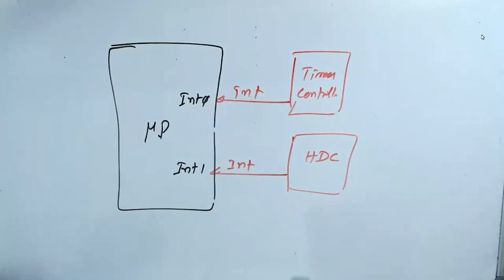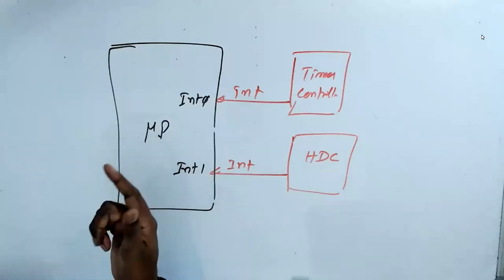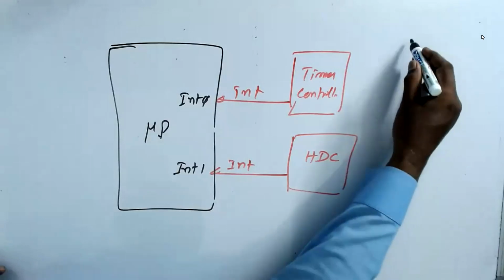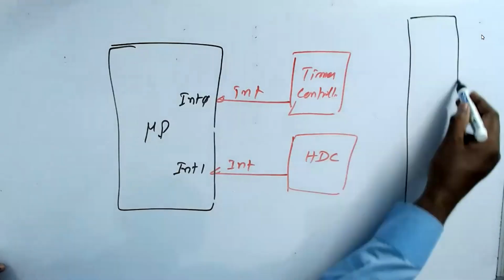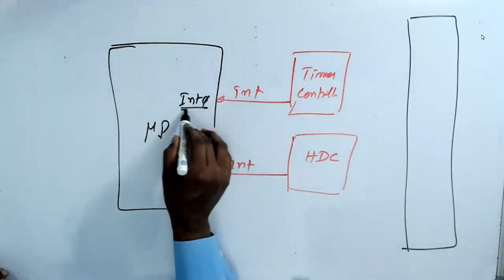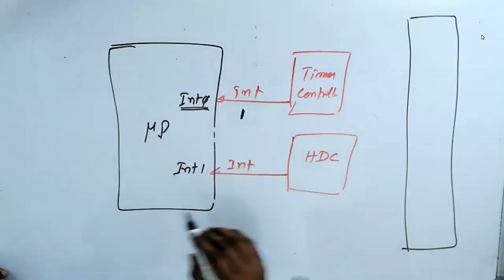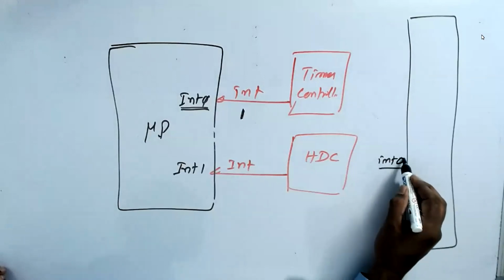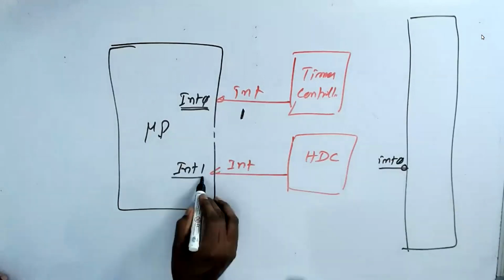The beauty here is this microprocessor is designed in such a way that in memory, when this becomes 1, interrupt 0, I will go to the specific location for int 0. When I have int 1, I go to another location.